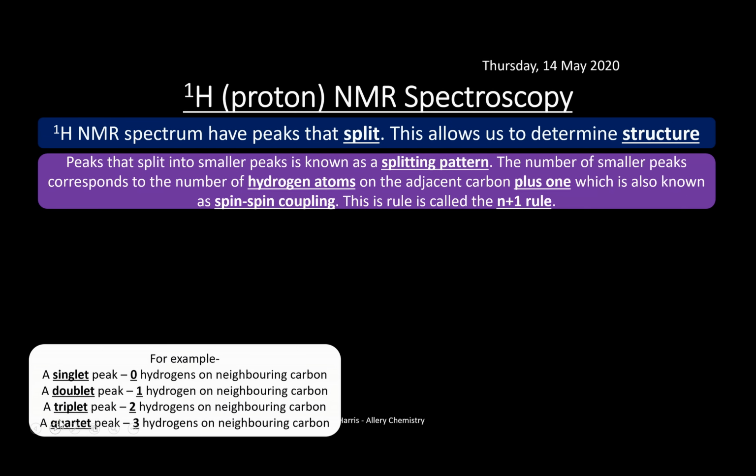Okay, so basically the peaks that we've seen, and you've seen one single peak, these peaks can be split into smaller peaks, but you can have more of them. So for example, a single peak can be split into 2, or it can be split into 3, or it can be split into 4, and depending on what it splits in is dependent upon what's next door to that. Okay, so let's have a look.